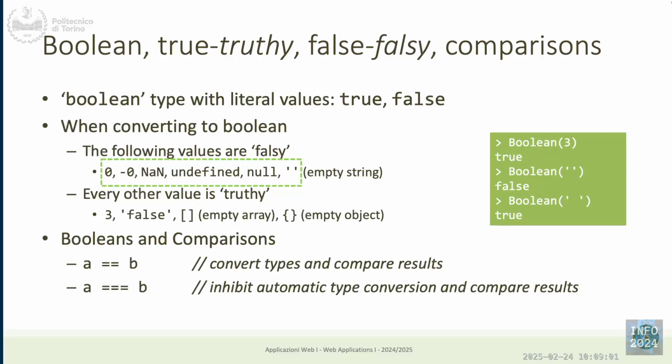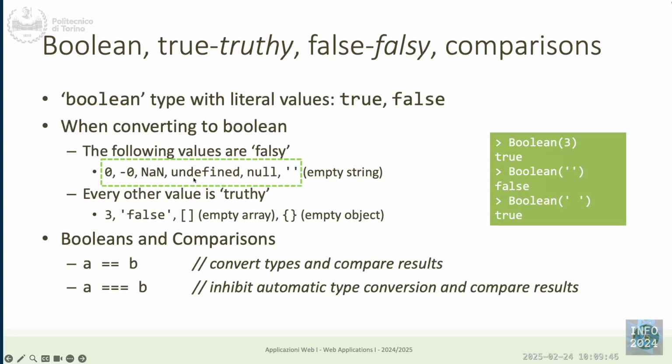And the rule is strange, because the values that are false, or that convert to false, are, of course, the constant false, and these 5 values. 0 is false, minus 0 is false, NaN, not a number, which is a number. Not a number is a constant of type number that comes out when you do some division by 0 or some illegal operation like that. It gives you this result. Is false.